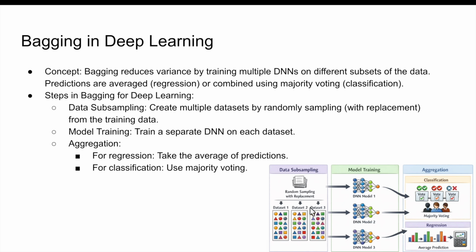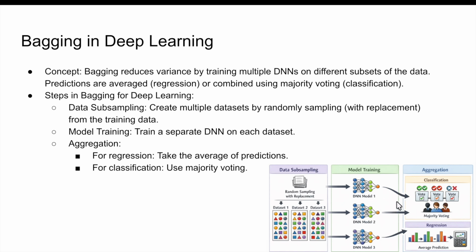This step of creating the data sets is called bootstrapping. Then we pass the data to the models, and those models are separate: deep learning neural network 1, model 2, and model 3, and we take the predictions of those models.